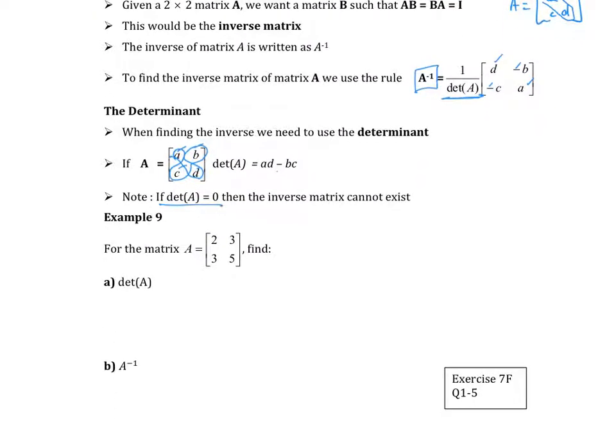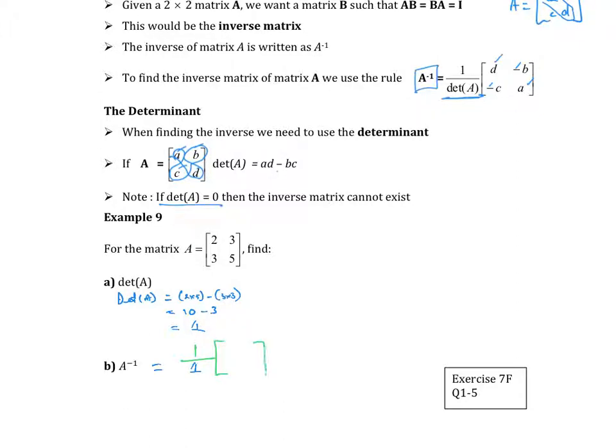All right. Find the determinant of A first. So the determinant of A is equal to 2 times 5 minus 3 times 3, which is 10 minus 9, which is equal to 1. All right. Which means then the inverse of the matrix is given as 1 over the determinant, which is 1.